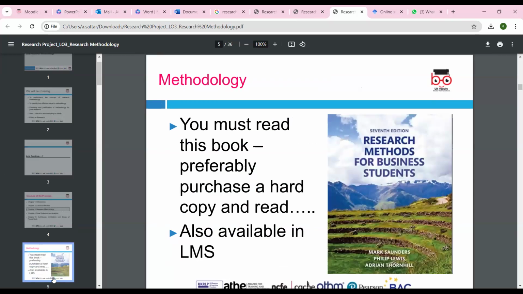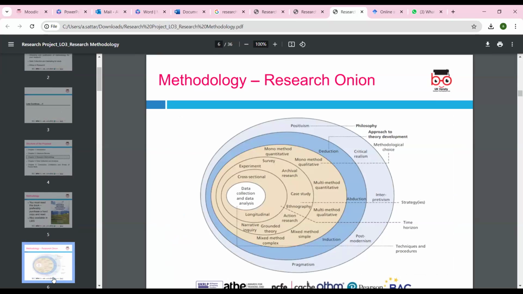You can use this book or any other book; a couple of books are available on our Moodle page, so please follow them accordingly. The research onion model, which is given by Saunders, is very popular and can be used for research purposes.